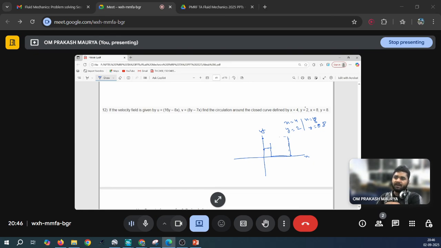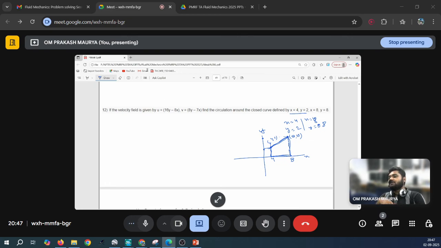Around a closed curve defined by, okay, so something curve which is closed by these two things. At x is equal to 4, x is equal to 8, and this is at 4, y is equal to 2 means here, and at y is equal to 8. So hopefully like that, I think. So this will be your 4 comma 2, and this will be your 8 comma 8. So like that, I think.